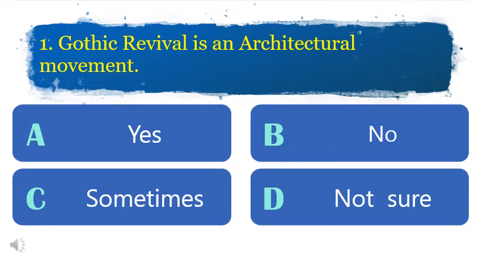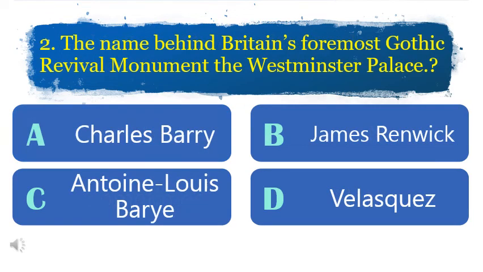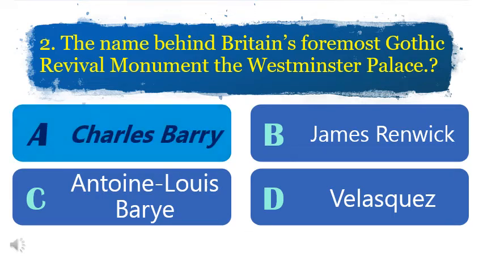D. Not sure. If your answer is A, yes, you are correct. 2. The name behind Britain's foremost Gothic Revival monument, the Westminster Palace. A. Charles Barry. B. James Renwick. C. Antoine Louis Barry. D. Velasquez. The answer is letter A.